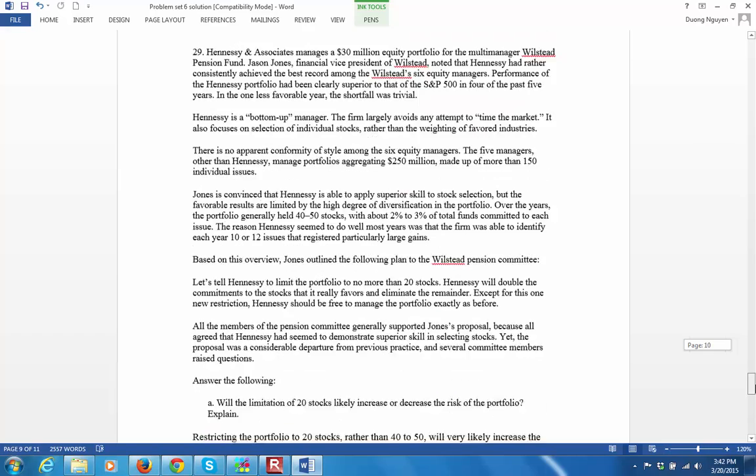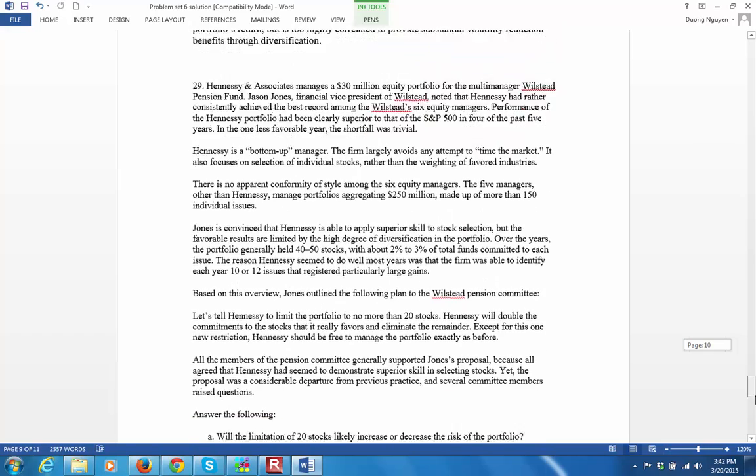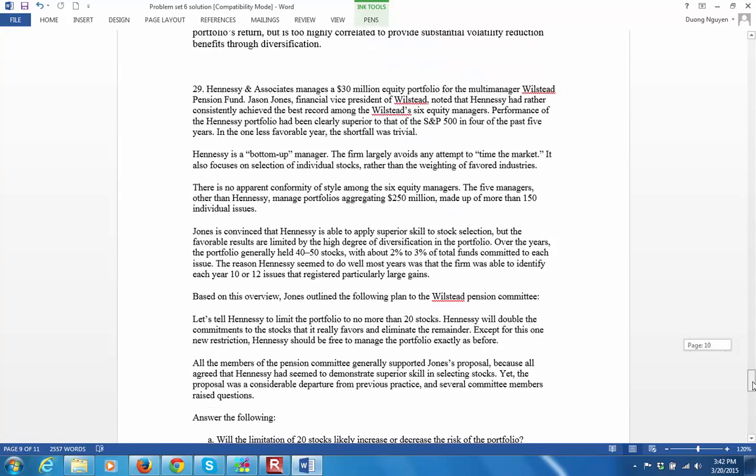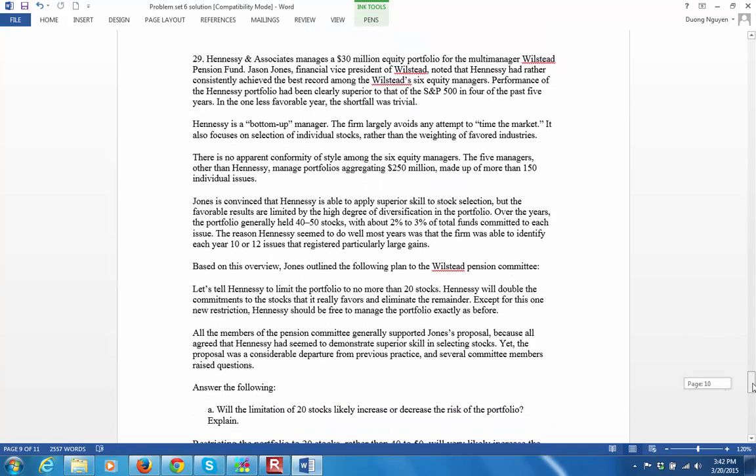And finally, number 29. It's a little long, but I just want to answer it briefly. Hennessy wants to limit the number of stocks.